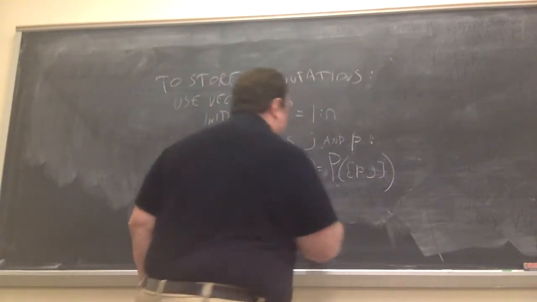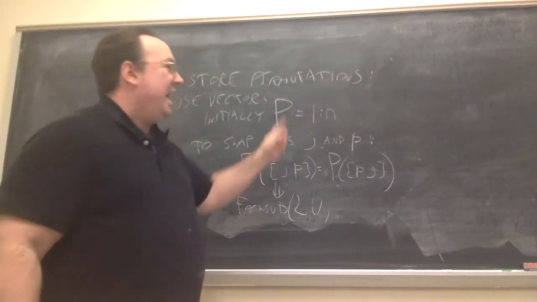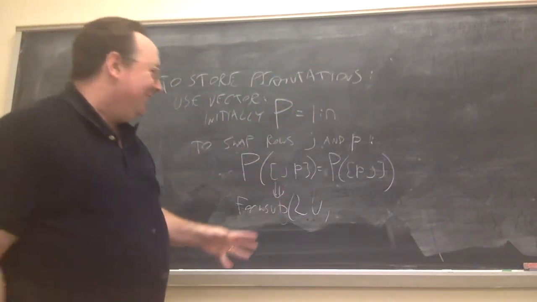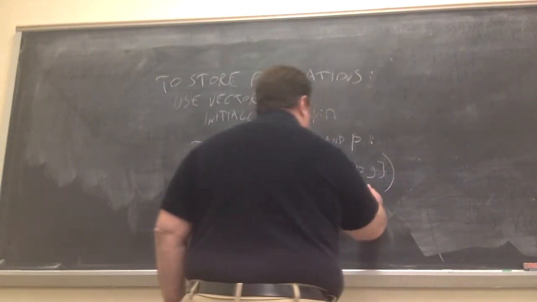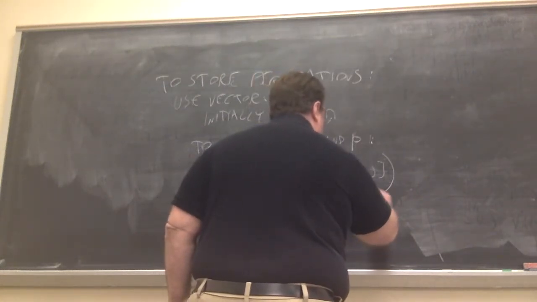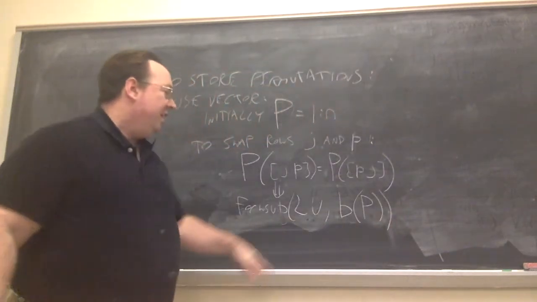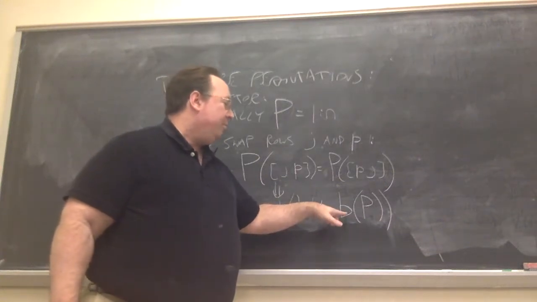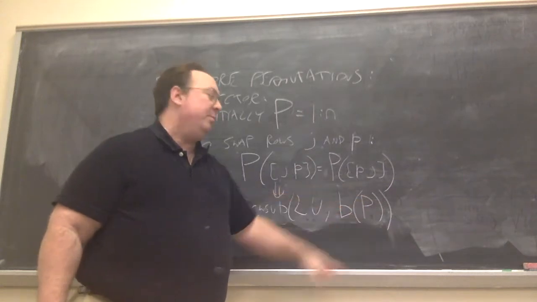So I mentioned earlier when I described forward substitution that what I had earlier is not what you type. This is what you type. You take your vector B, and then you pass your vector of permuted indices as the indices to B. What this does is scramble the elements of B according to how the indices in P are scrambled.